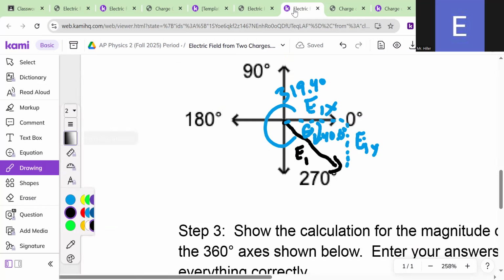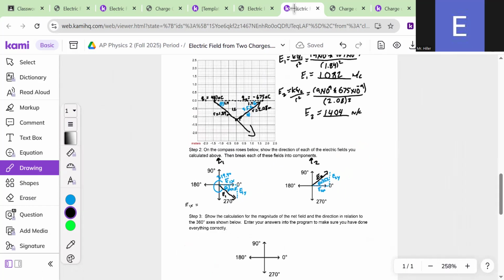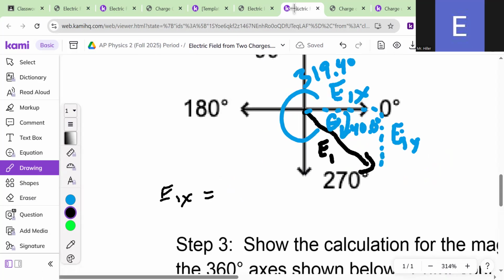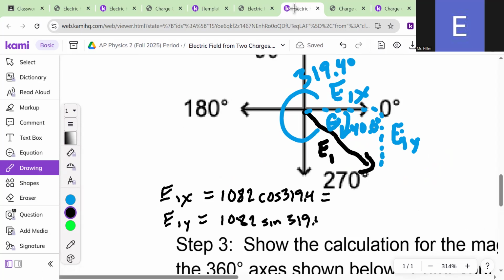So E1x is going to be E1. E1 was 1082. So we're going to go 1082 cosine of 319.4. And we're going to find E1y. That's going to be 1082 sine 319.4.